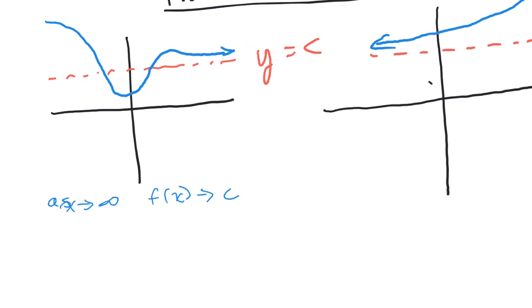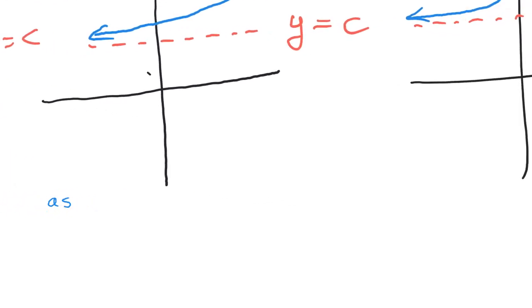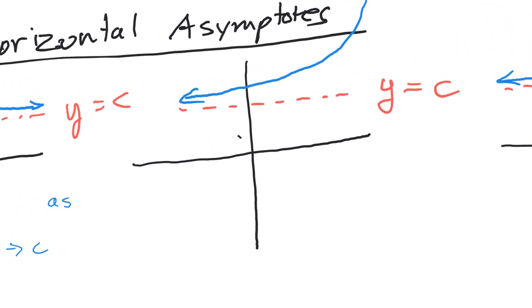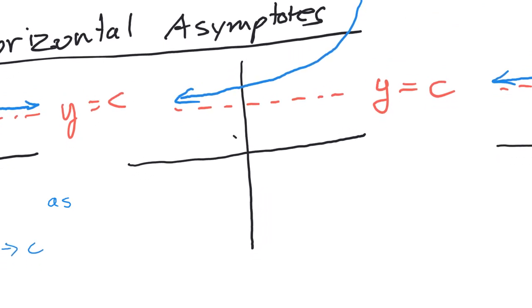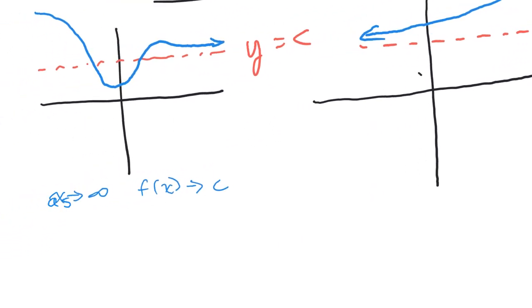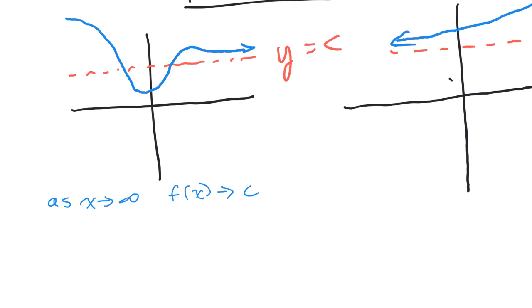Now, the second typical asymptote that we have here looks like this. Remember, it comes down and goes across, right?